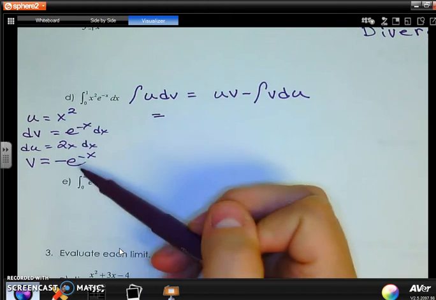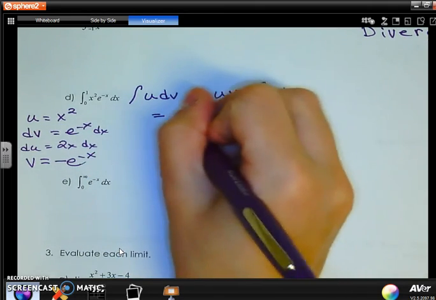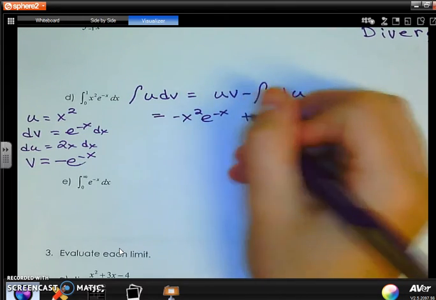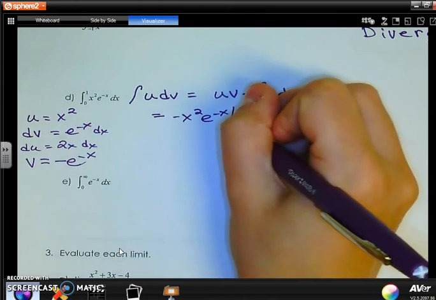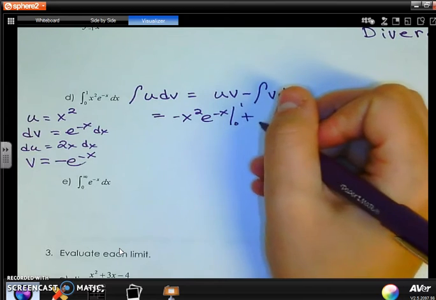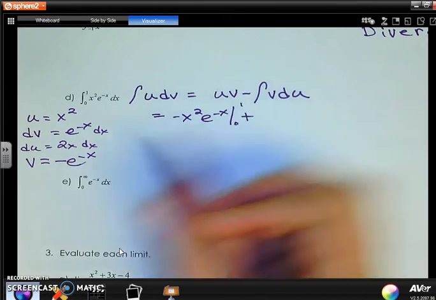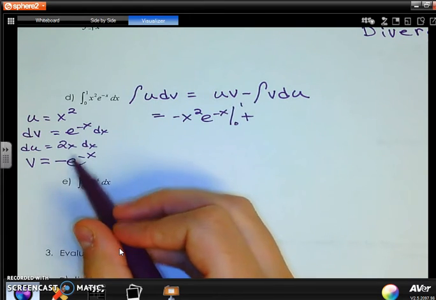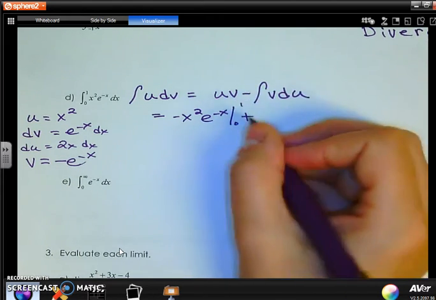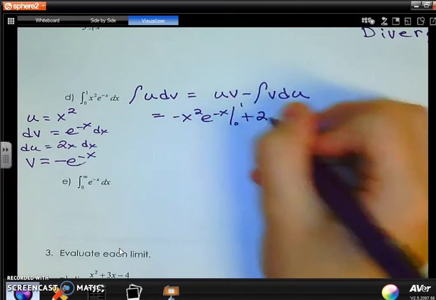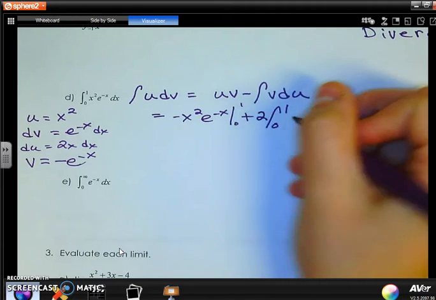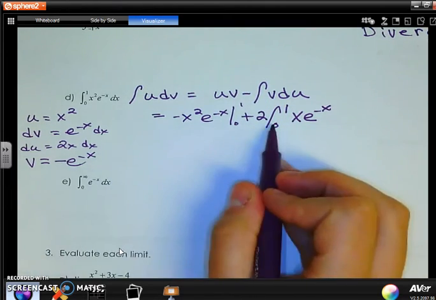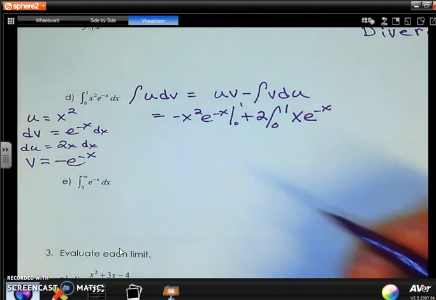So I'm taking this u and the v, so it's going to be negative x squared e to the negative x, okay, and it's going to be plus, I left myself a little space here because I'm going to have to evaluate this as a definite integral, so I am going to evaluate that there, but it's actually minus the integration of v du, but my v is negative, so instead of a minus, I'm writing it as a plus, and so that's this, and then du, so you can write that, I'm actually going to take that 2 out front too, so it'll be plus 2, the integration, and it's still from 0 to 1, and then what'll be left is xe to the negative x, so I took the negative out, and I took the 2 from over here, and I just pulled it out in front of the integral to save a step.